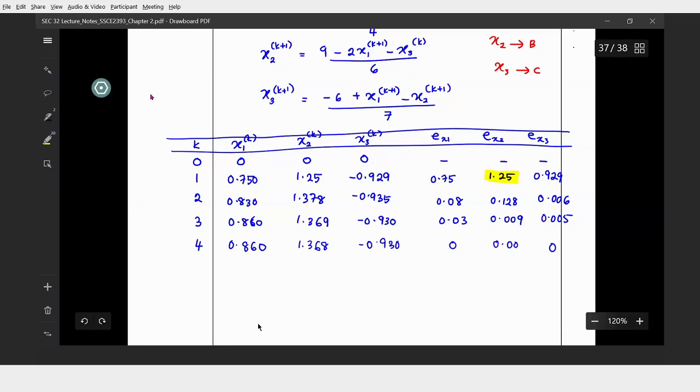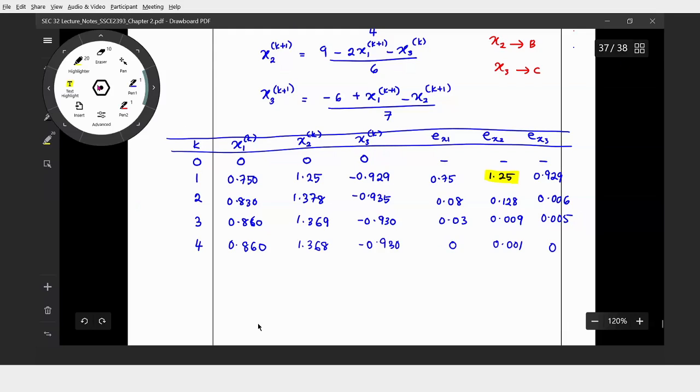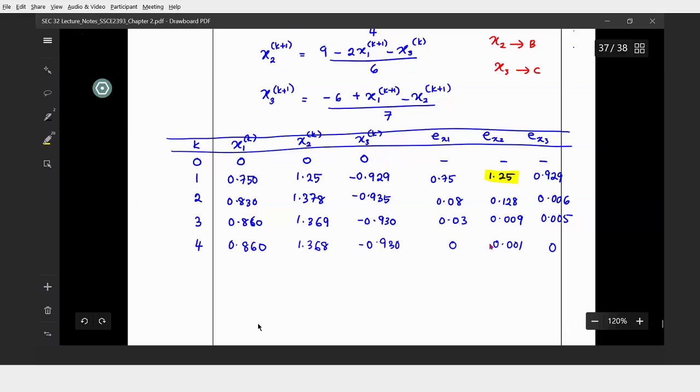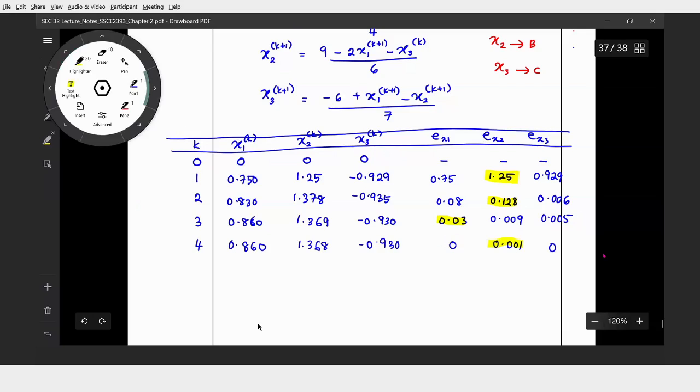Okay, so seems like we already satisfied the condition, the stopping condition. Okay, so we can see now the maximum error is this one now. The previous one, it is 0.03, so you still proceed. This one, 0.128. Okay, so for the error here, just write a little bit.